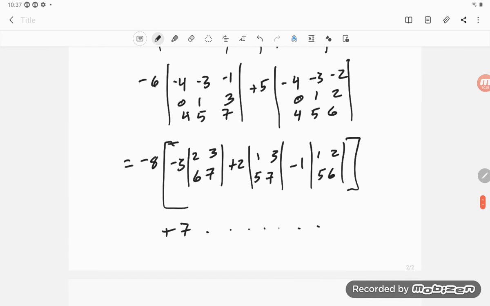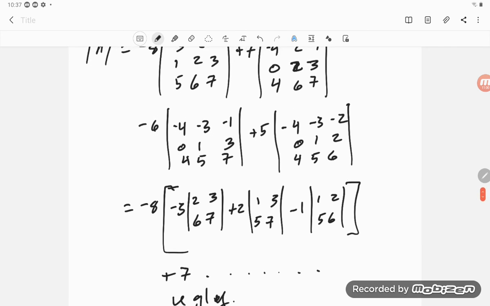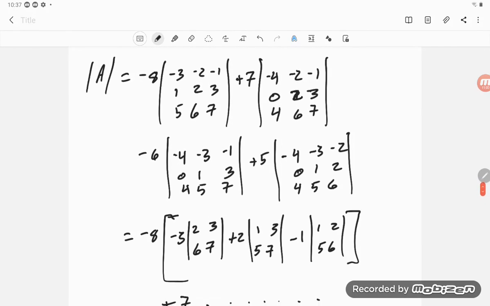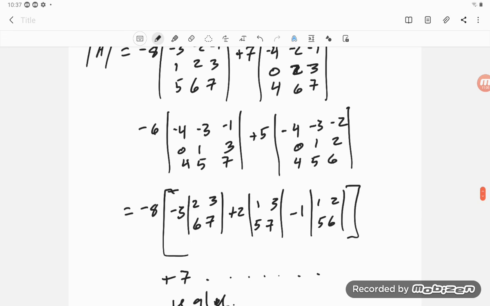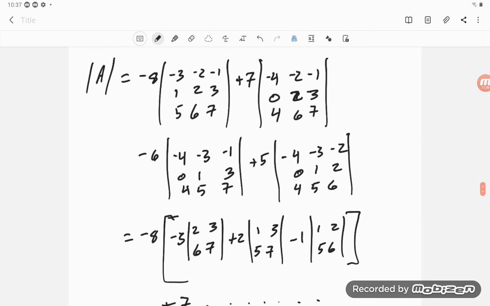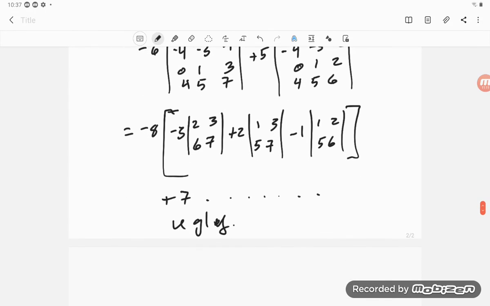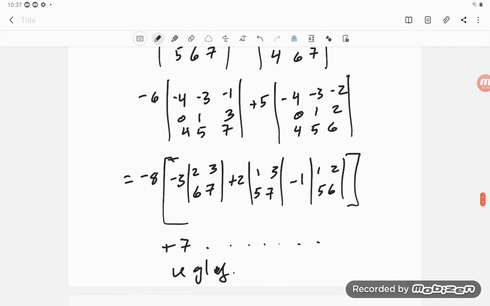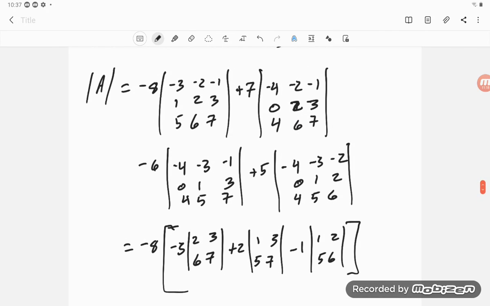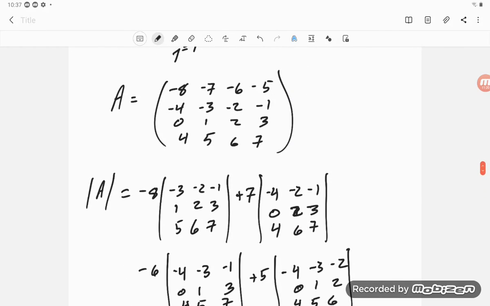Wow, right? This is just plain ugly, and this is why we like technology, but we are also going to like a lot of theorems, because even technology would not like computing a determinant this way. But that's the idea. That is the definition, and how we would calculate one by hand. I would much rather have up here in this top row, if I'm using the definition, a lot of ones and zeros.